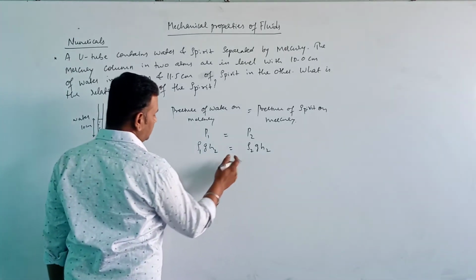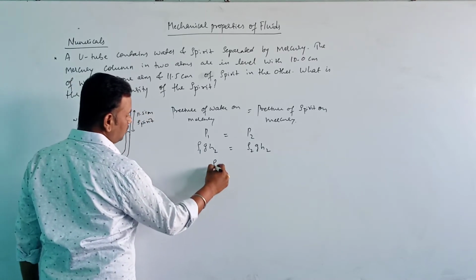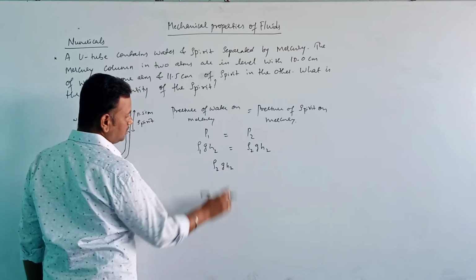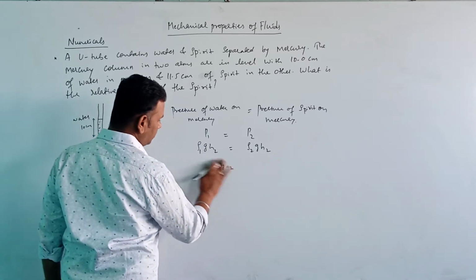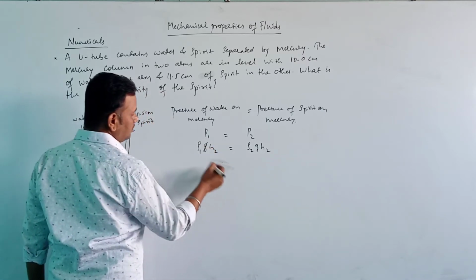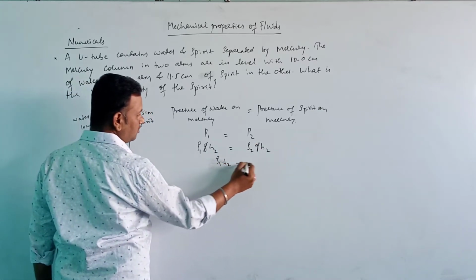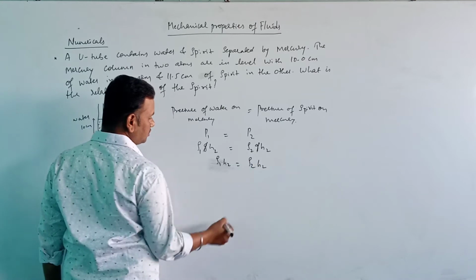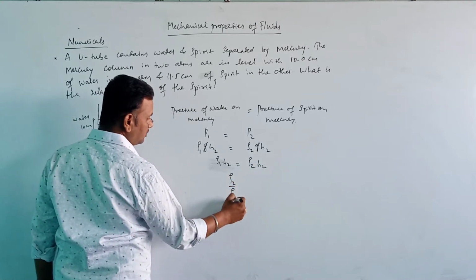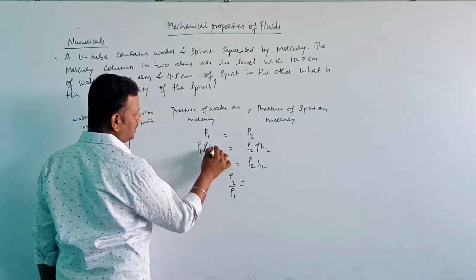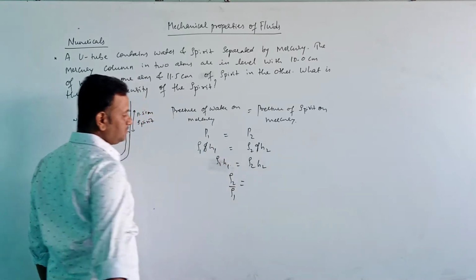Here G will get cancelled. So rho 1 H1 is equal to rho 2 H2.